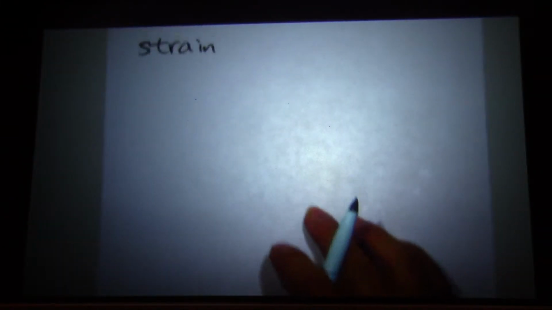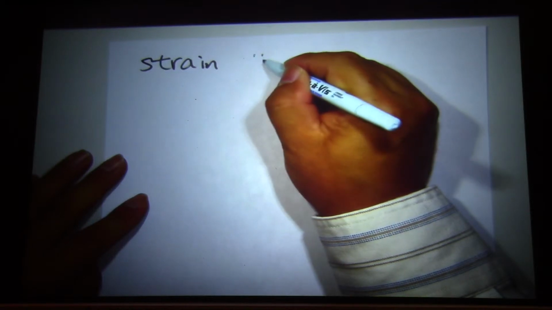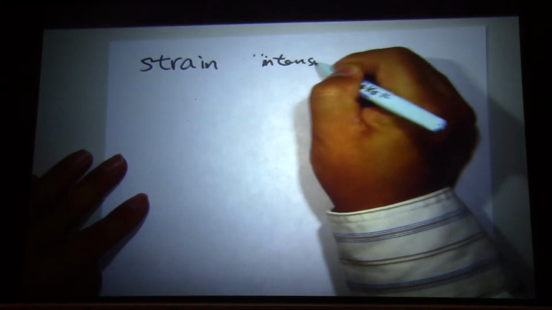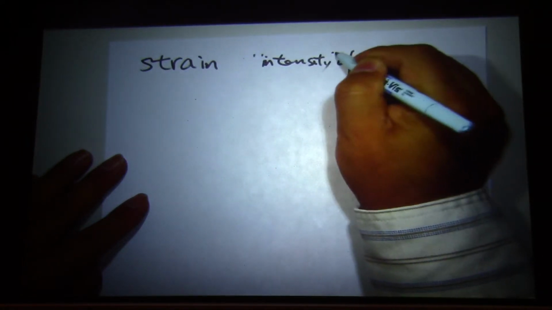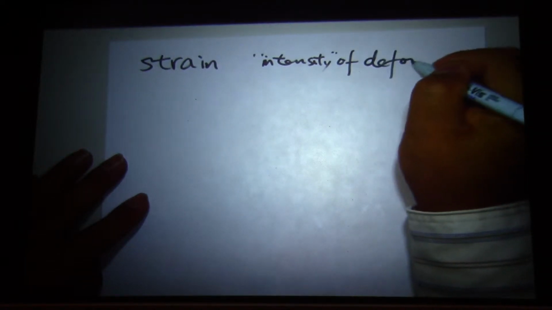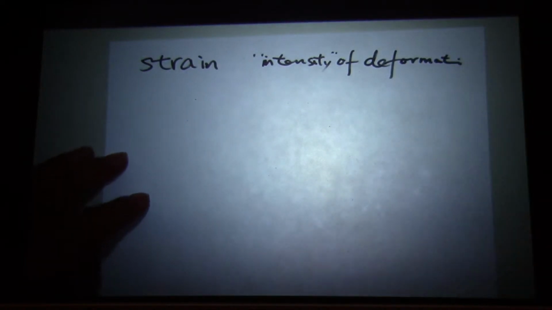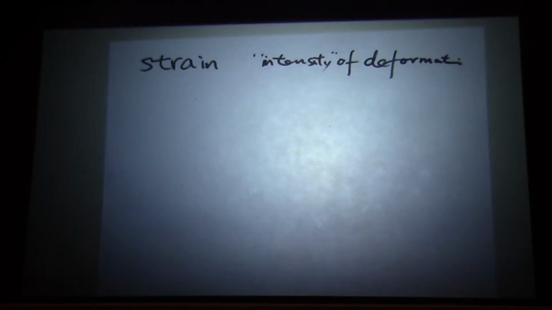Okay, strain. So what is strain? Actually, I already mentioned it, right? Basically, it's the intensity of deformation. Or you can say strain is equal to the deformation divided by the initial length.